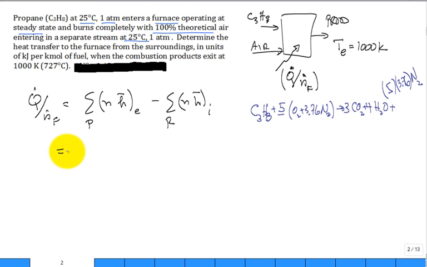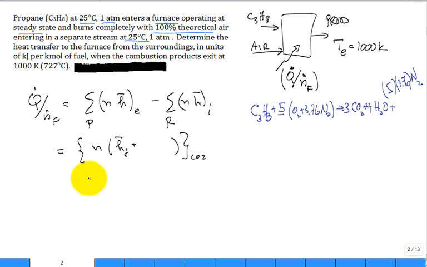So what we're going to do is we're going to say, well, I need the stoichiometric coefficient, the enthalpy of formation on a molar basis, plus, this is going to be for each of the products. So I'm going to have it for CO2.